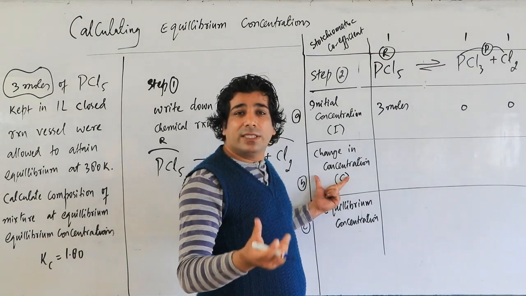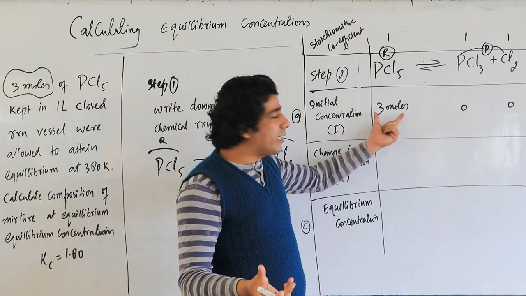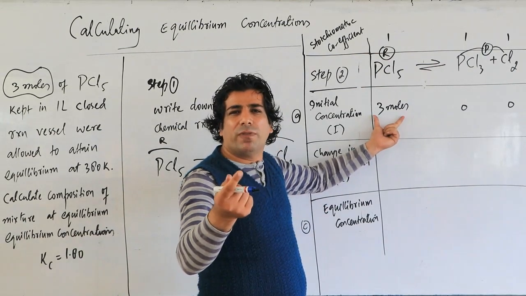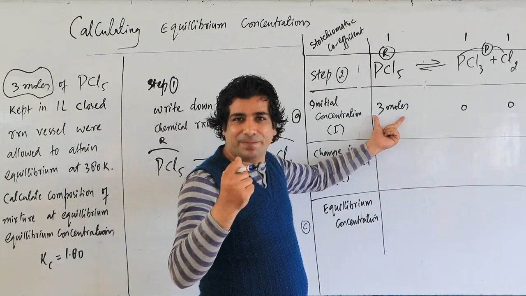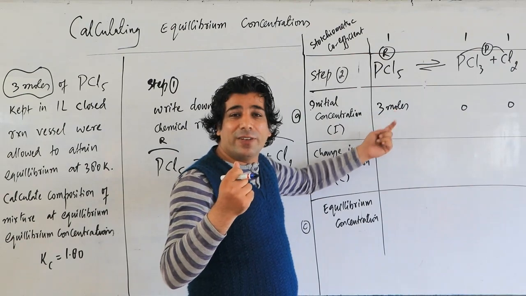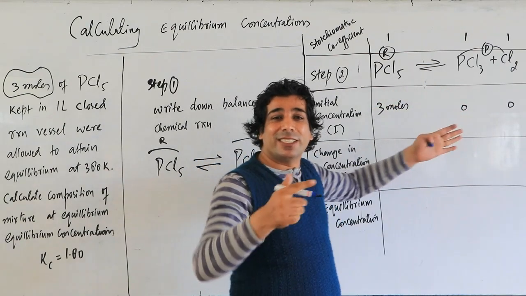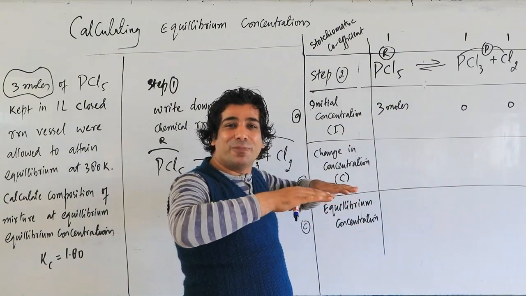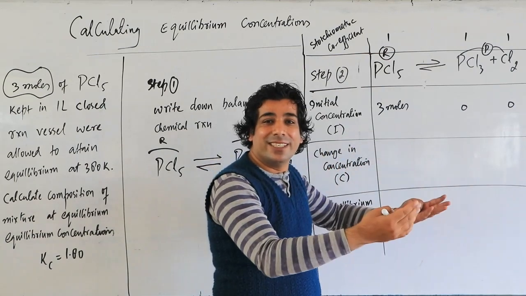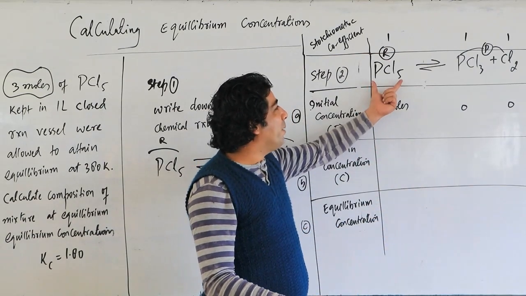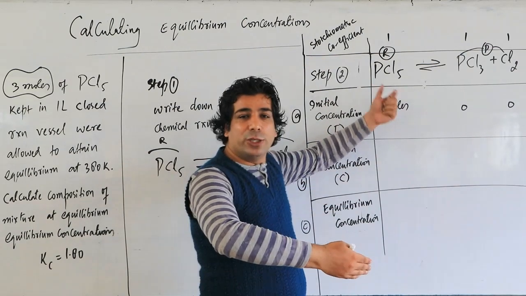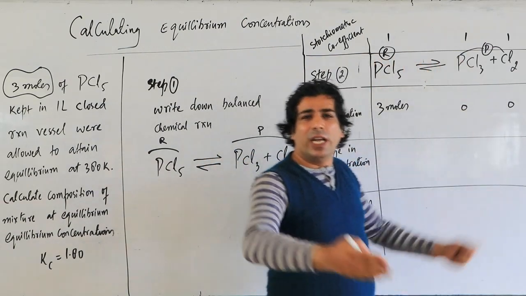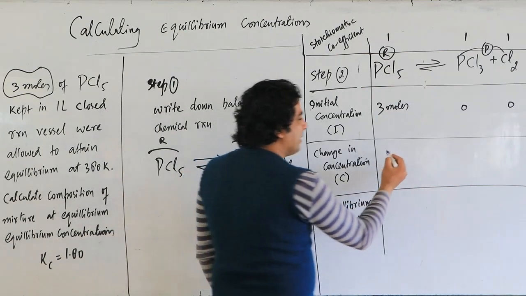That means after some time, out of the 3 moles, some amount of PCl5 will change. It will decrease, correct or not? It will change into products, because reactants are decreasing and products are increasing. So how much PCl5 is breaking or dissociating into PCl3 and Cl2? Let us suppose X moles here.